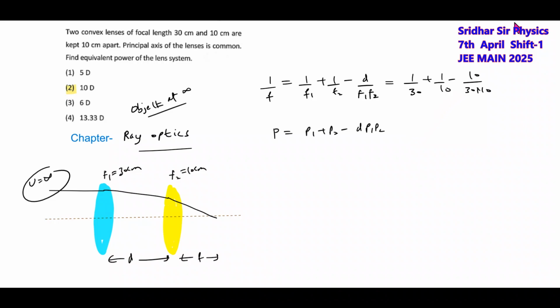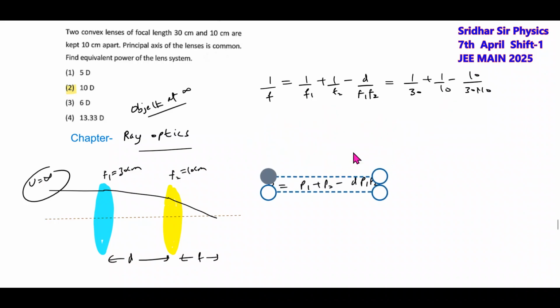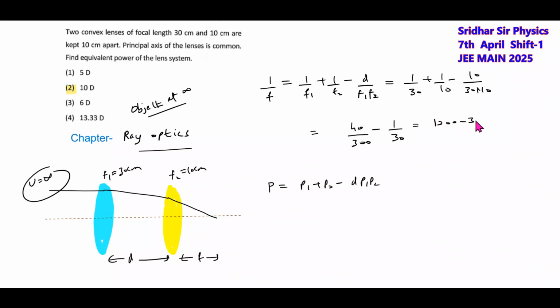This becomes 40 by 300 minus 1 by 30, that is (1200 minus 300) by 9000.